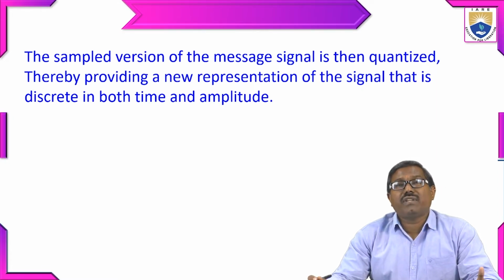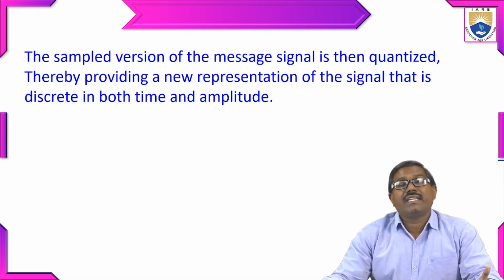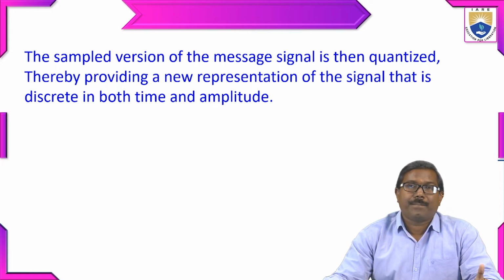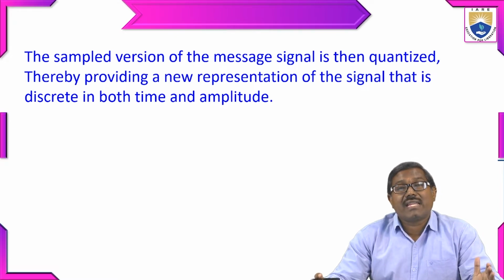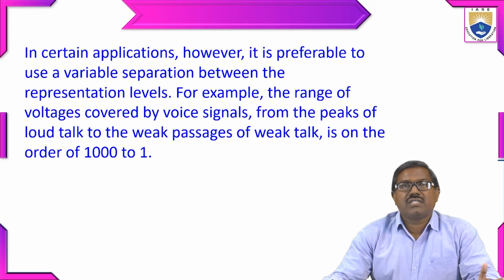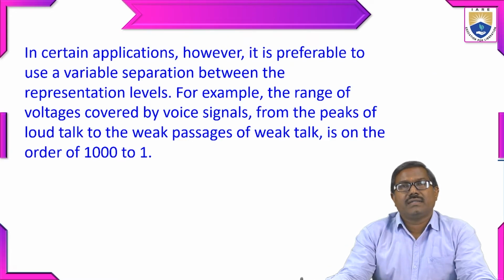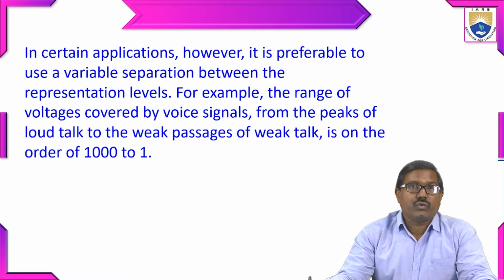Now the output of the quantizer is a purely discrete signal. This discrete signal is then encoded. We get the code, so that means analog to digital conversion is done. Okay.